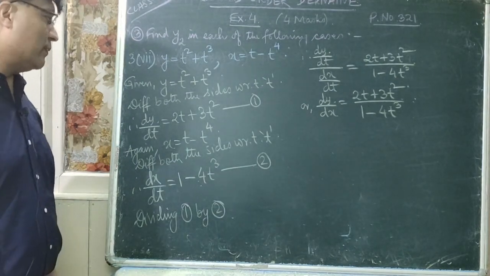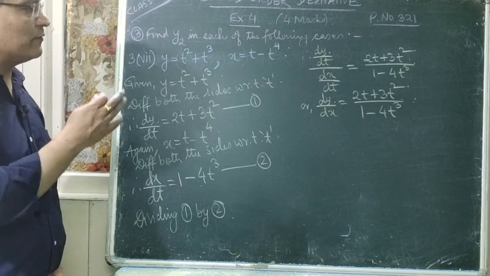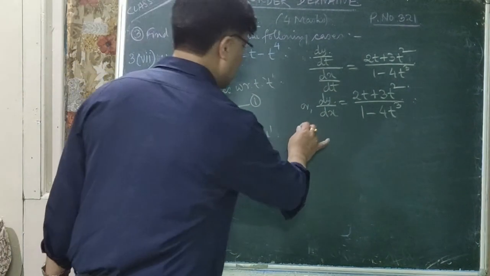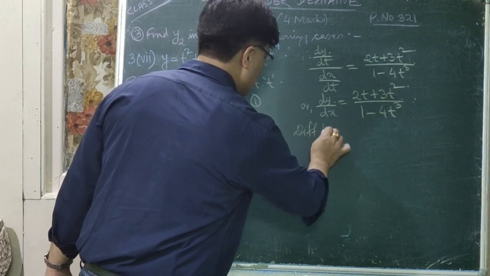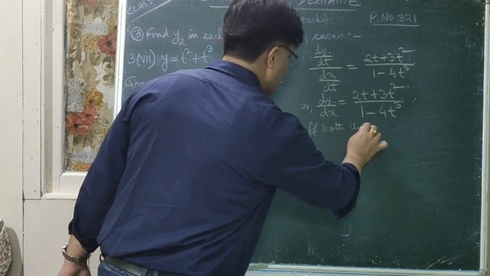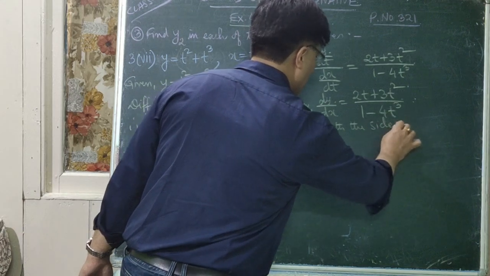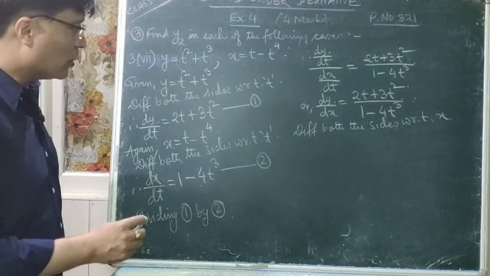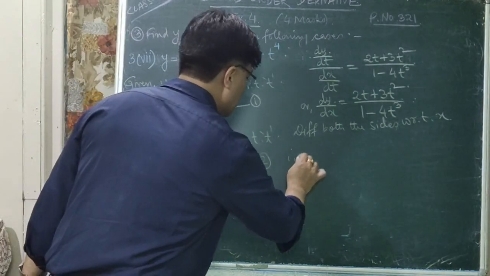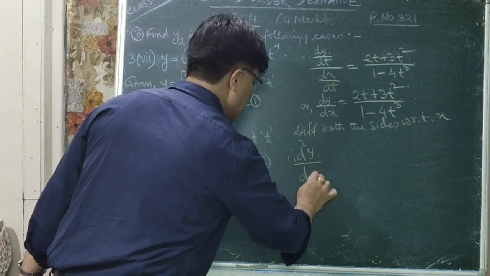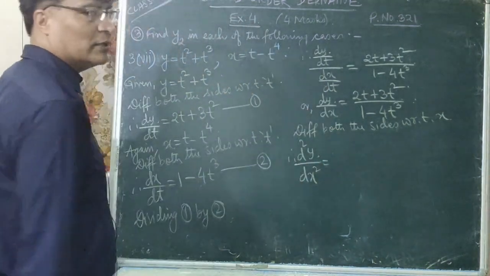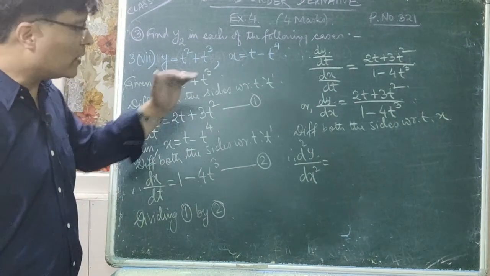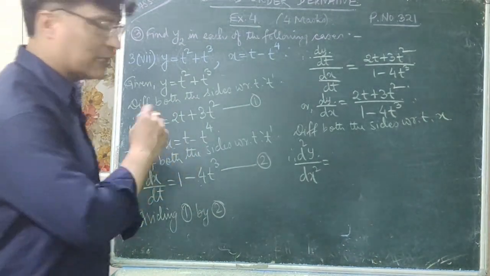So I think you have understood it. Now again you have to differentiate both the sides with respect to x to get d2y by dx square, right? So again differentiating both the sides with respect to x, therefore d2y by dx square is equal to, which rule is used here? U by v again, but this is a function of t, but we are differentiating both the sides with respect to x, right?